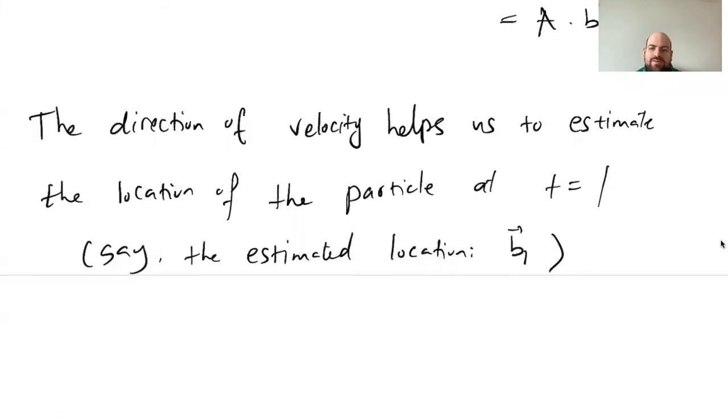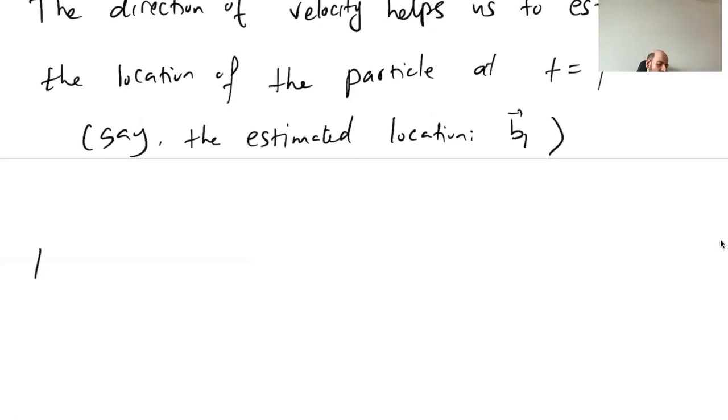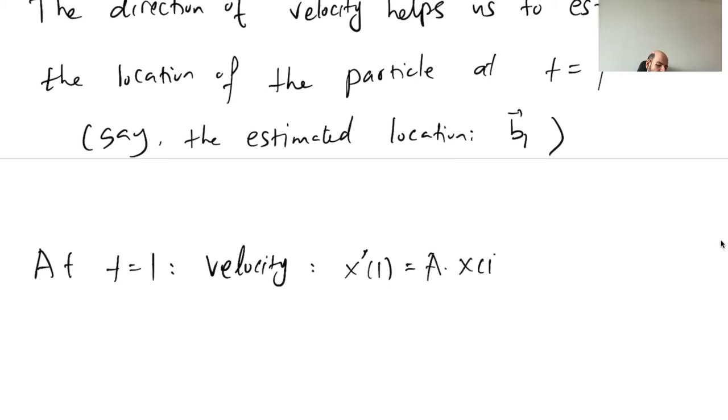And then again, once we know that at t equals 1, the particle is at B1, if I know the velocity at that moment, I can use the velocity, the direction of movement, to estimate the location at t equals 2, and so on. So then at t equals 1, the velocity will be x prime of 1, which is a times x of 1, and this is, let's say, a times b1.